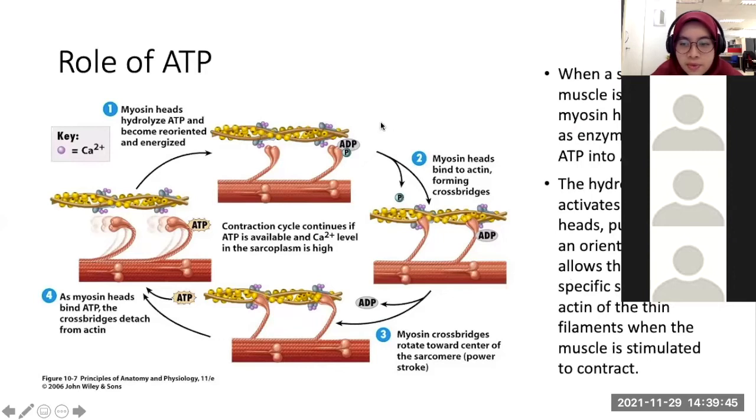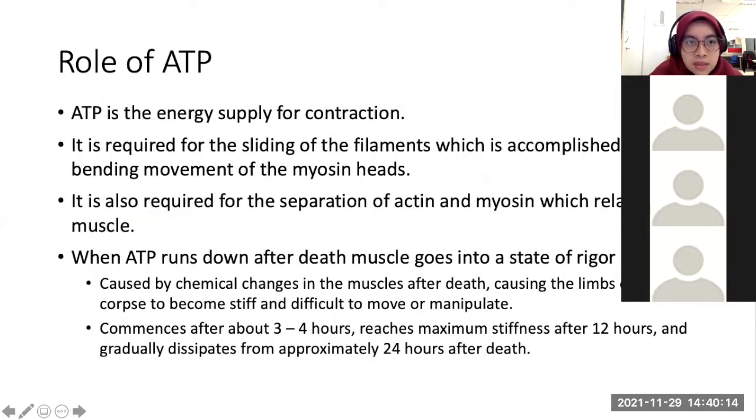So it's about two states here. Just now, when we observed the role of calcium ion, it was about the conformational changes that occur within the actin filament itself. When we observe the role of ATP, it's about the conformational changes that occur within the myosin filament, specifically within the myosin head. So that's why again ATP is required for the contraction of muscle.